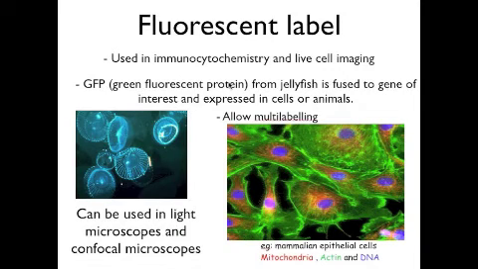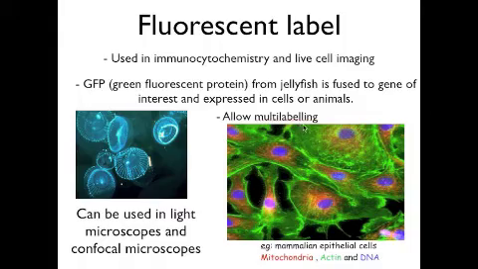And this protein is fused with the gene that we're interested in. So the gene that will produce the protein we're interested in is fused with this gene, and is expressed in the cells or the animals that we're interested in. This allows what we're interested in to glow.